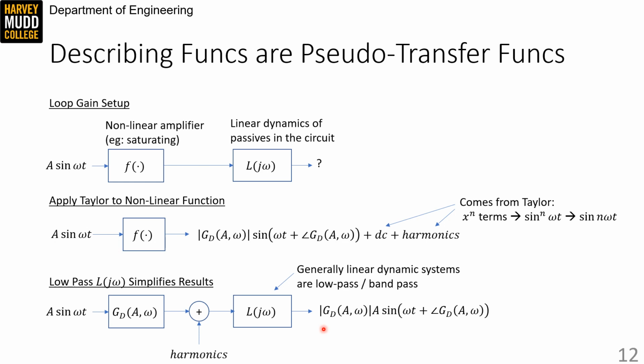Another way to think about it is this is a way of showing how our gain will be reduced as we approach the power supply. If we didn't have this dependence on A, then our linear system would have the same gain all the time. Now we can change our gain when our sine wave gets too big. So both of those capture the significance of having this amplitude dependence in our describing function.